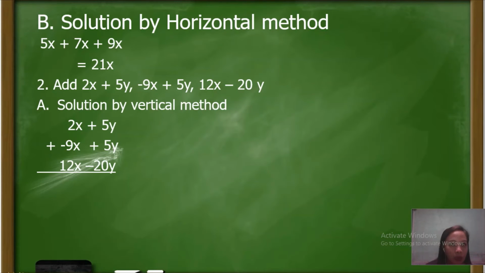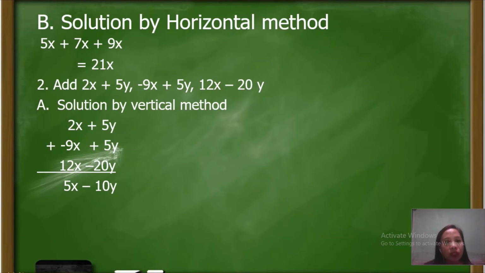So, 2x plus negative 9x, that is equal to negative 7x plus 12x, that is equal to 5x. And also, 5y plus 5y, that is 10y minus 20y, that is equal to negative 10y. So, napakadali lamang on how to add polynomials.